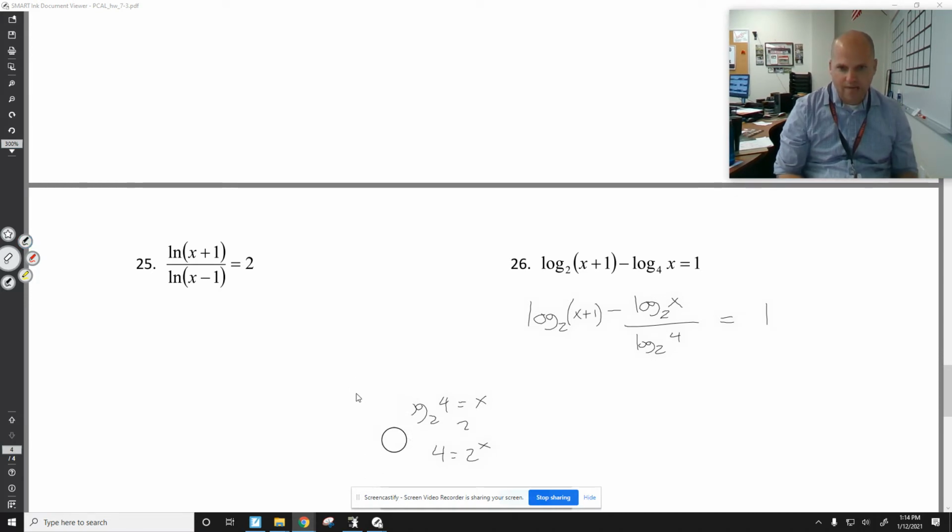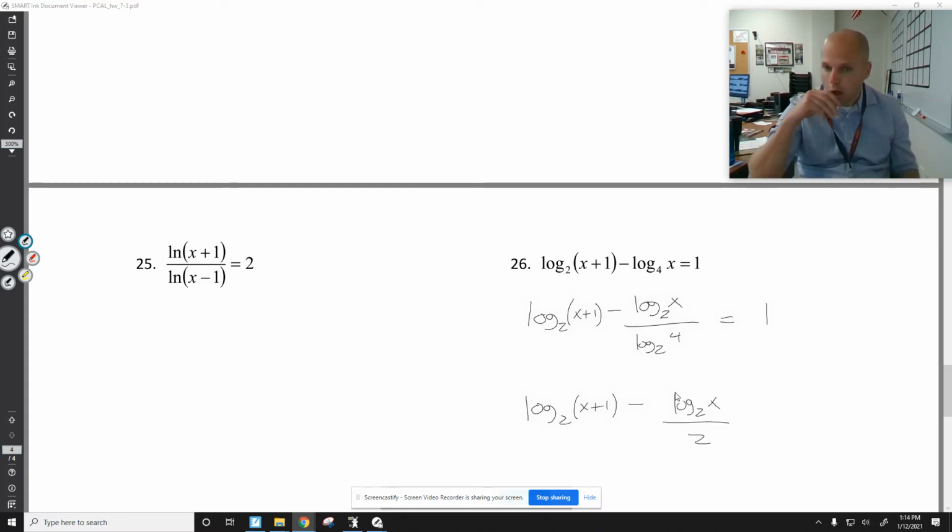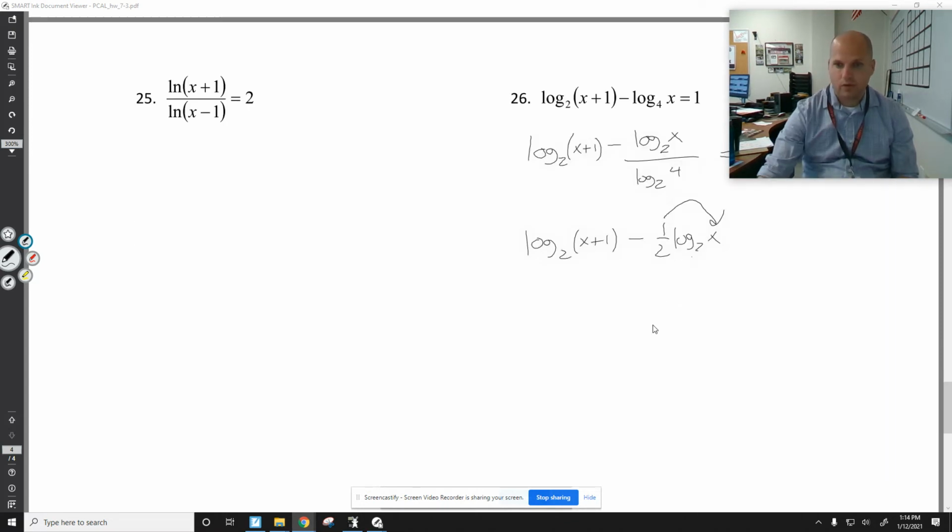So all of a sudden, I've changed this to be log base 2 of x plus 1 minus log base 2 of x over 2. Well, instead of dividing by 2, why don't I write this as times a half, and put that as an exponent?